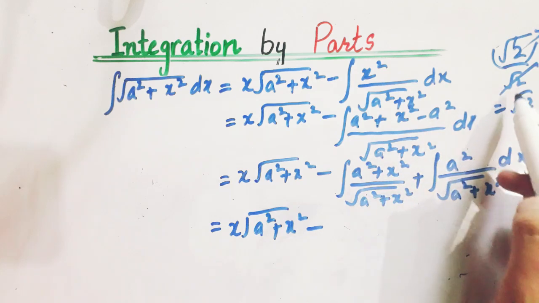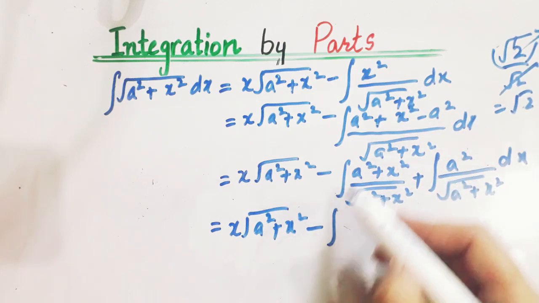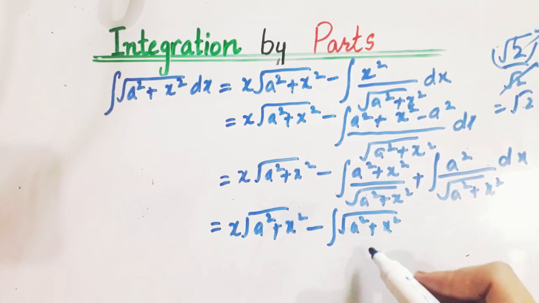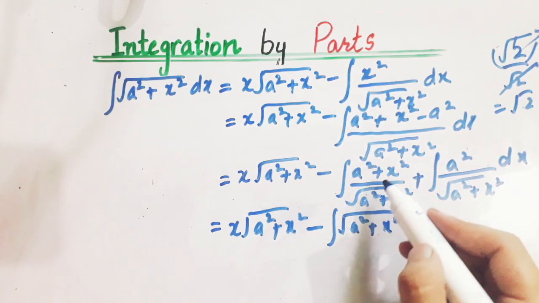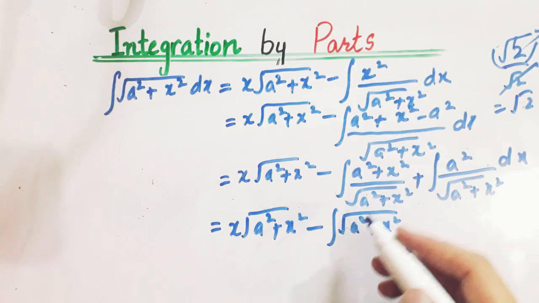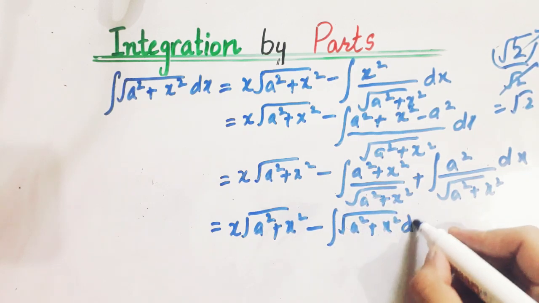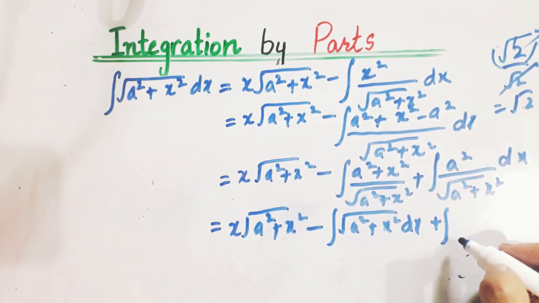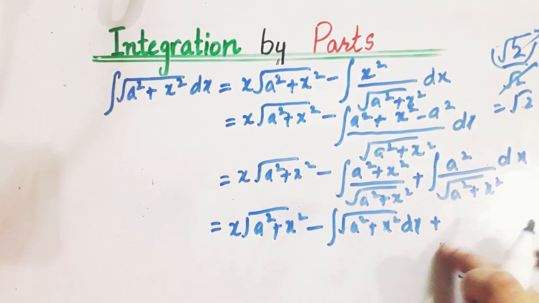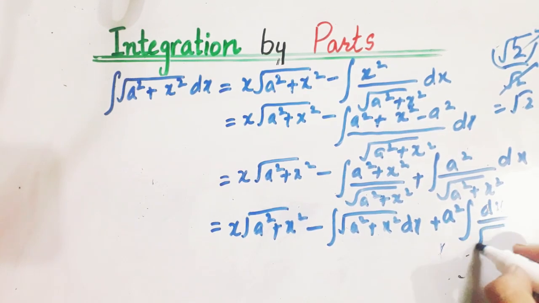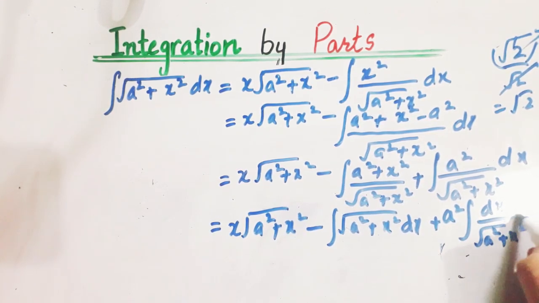In the numerator we have just the square root value, so write this as a square plus x square only in single square root, because it has two roots, so one root is cancelled by the denominator and we have just a single root d of x plus a square taken as common and dx over square root a square plus x square d of x.